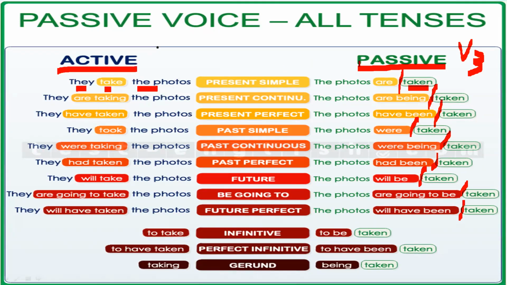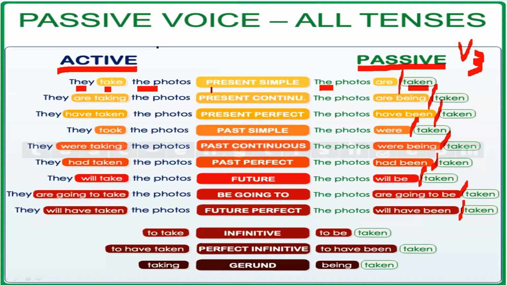Actually, the value of writing a passive form sentence is to emphasize the event or the object, and here the subject is not important to mention. That's why we removed the subject they, and we started our writing with the object, the photos.